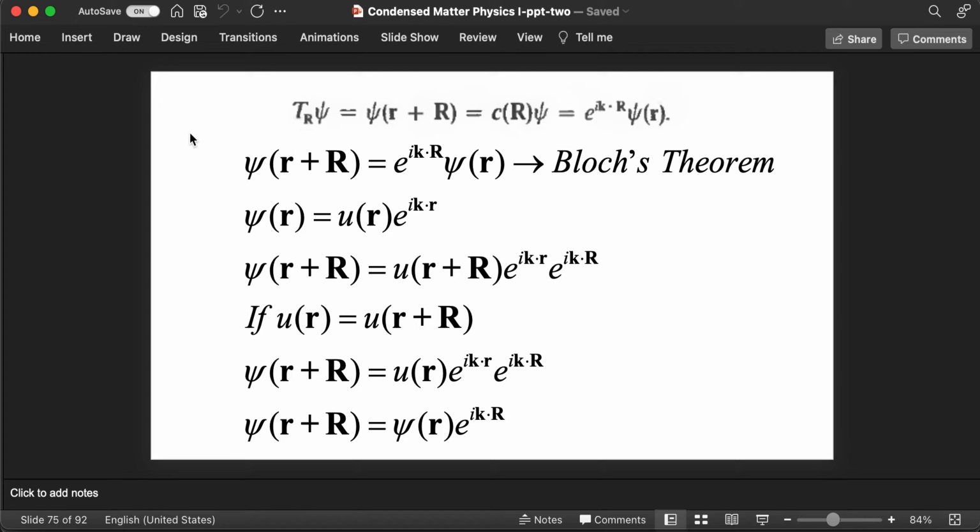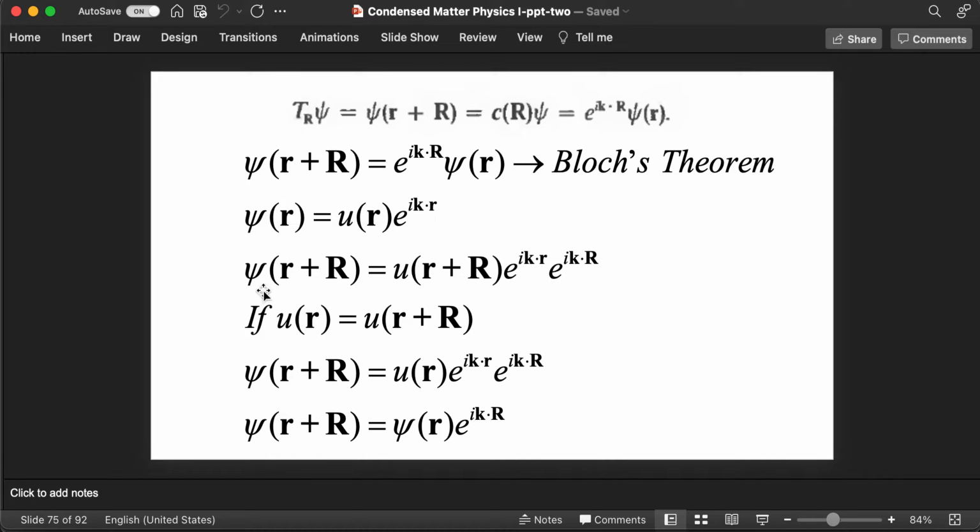Now what is special about it that you have to give it a name? Now suppose I write the eigenfunctions for an electron in a periodic potential to be of this form. It is just some function u of r times the plane wave. The plane wave is basically the free electron expression. I'm now multiplying the free electron expression with some function u of r. I don't know what that u of r is.